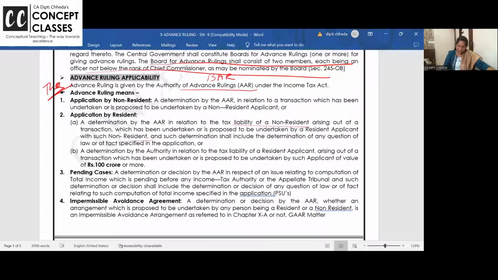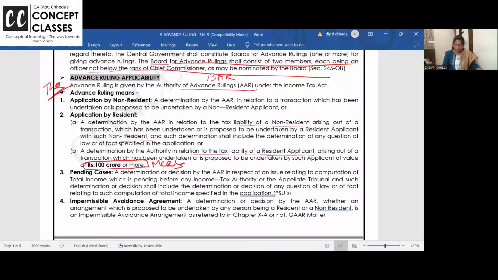Or determination in relation to the tax liability of the resident arising out of a transaction undertaken by such applicant of the value of 100 crores. Mark for MCQs: whenever a resident is making an application, either for transactions with a non-resident or any other transaction wherein the value of the transaction is more than 100 crore, how much tax will I be liable to pay? Next is pending cases.